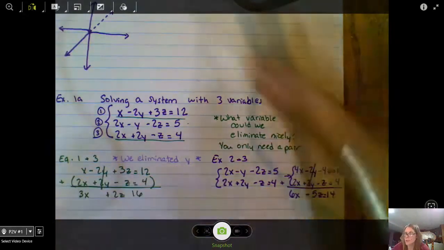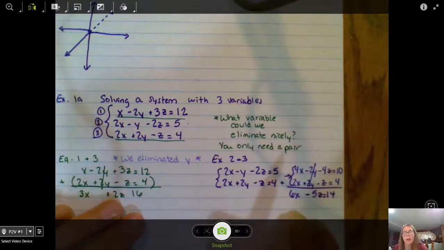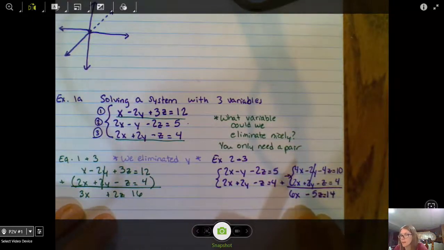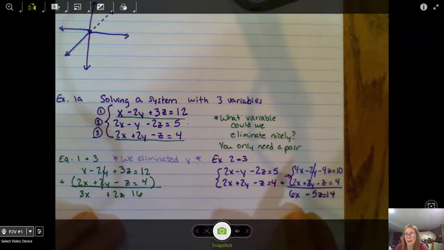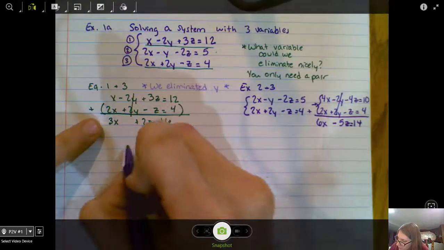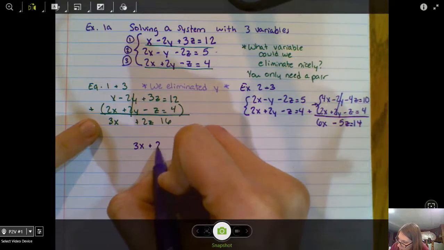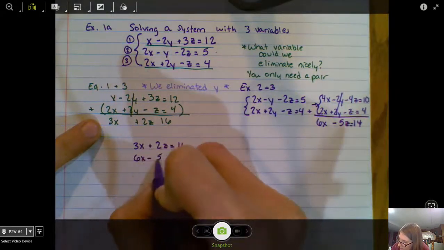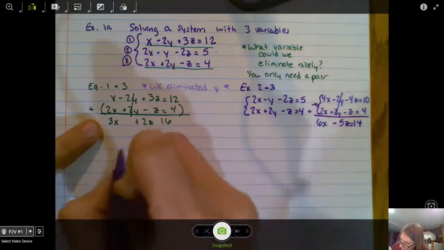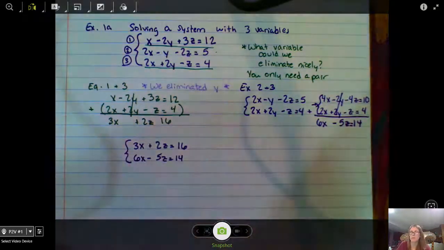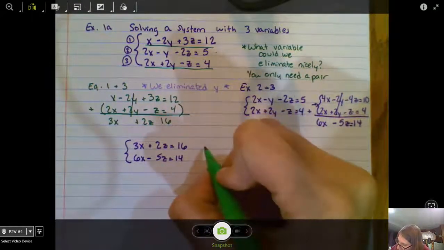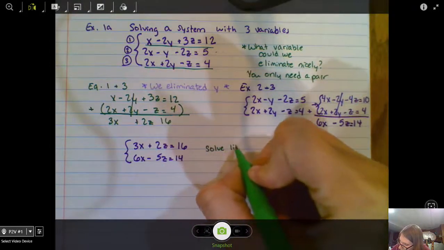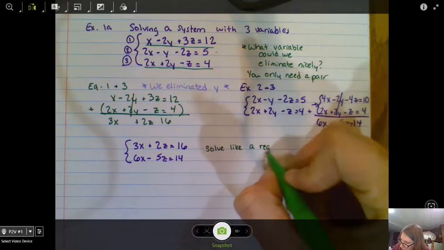All right, so after all of this process, I have two equations with an x and a z, no y's. I have two equations, two variables, so I can solve these like a regular system. So I take my two equations, 3x plus 2z equals 16 and 6x minus 5z equals 14, and solve like a regular system.